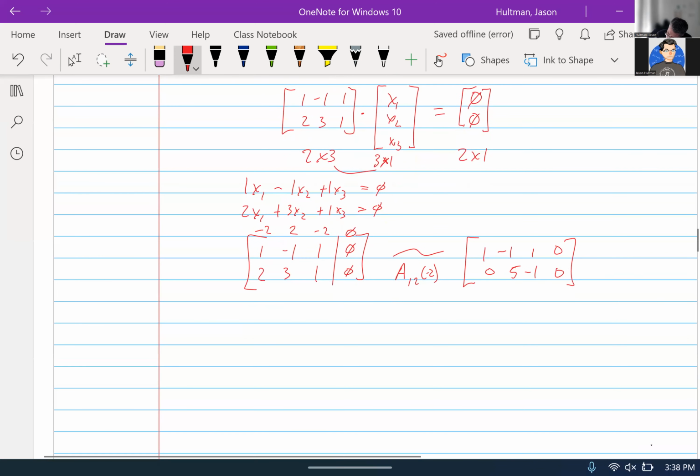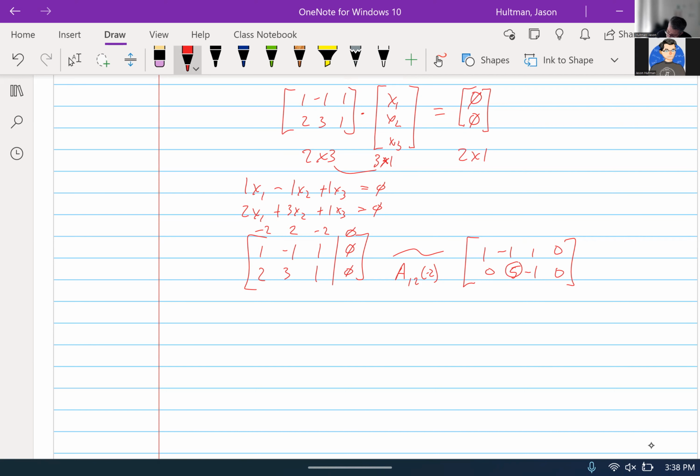Okay, the next thing I want to do is get rid of this guy. So I could multiply the top row by what? I could multiply the top row by 5, but then that would go into the second row, and I don't want that. So what I'm going to do is multiply the bottom row by 1/5 so that I can get a 1 there, a 1 here.